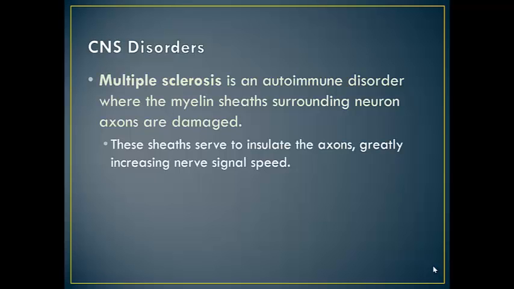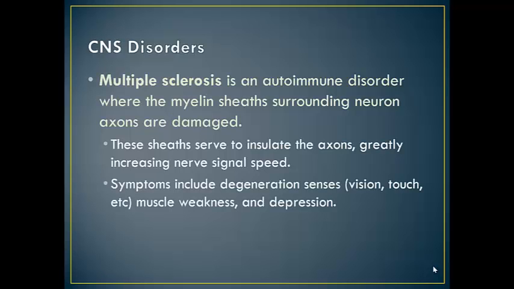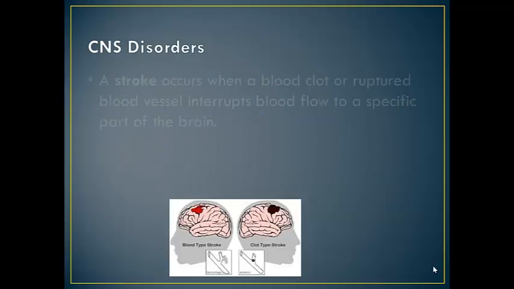So if I'm destroying those, well, then my neurons are going to get their signals more slowly than what they did, which gives me a delay in understanding something. Now, some of the symptoms are degeneration of various senses like vision and touch. Also, muscle weaknesses, sometimes depression is a key characteristic for it.